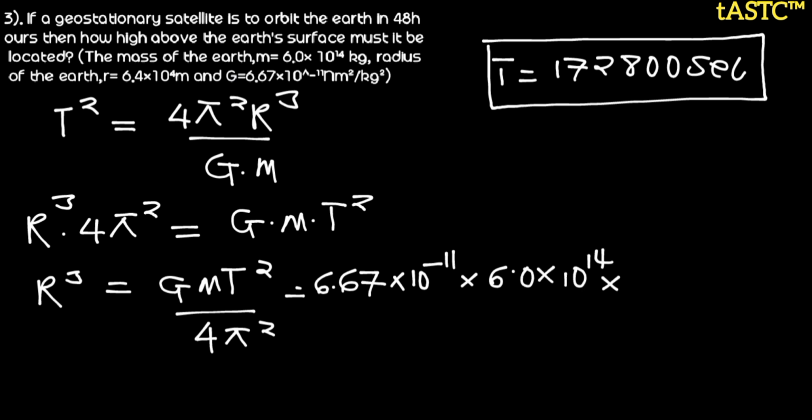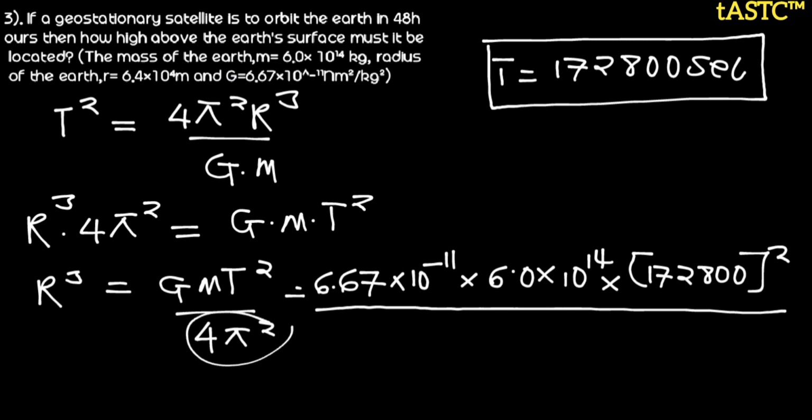Then we have t. So t is actually this stuff, so we need to square it. That will be 172,800 squared, and this will be divided by 4 pi squared. So let us see what that is going to give.